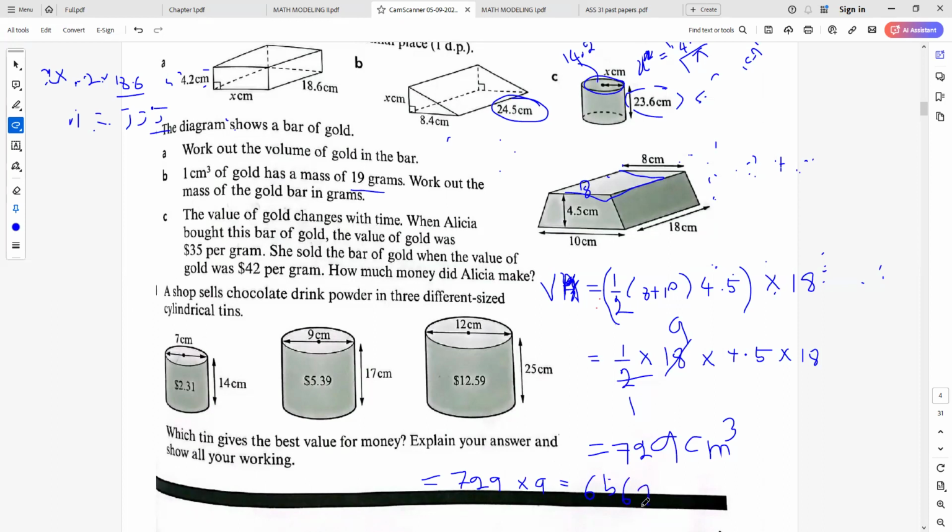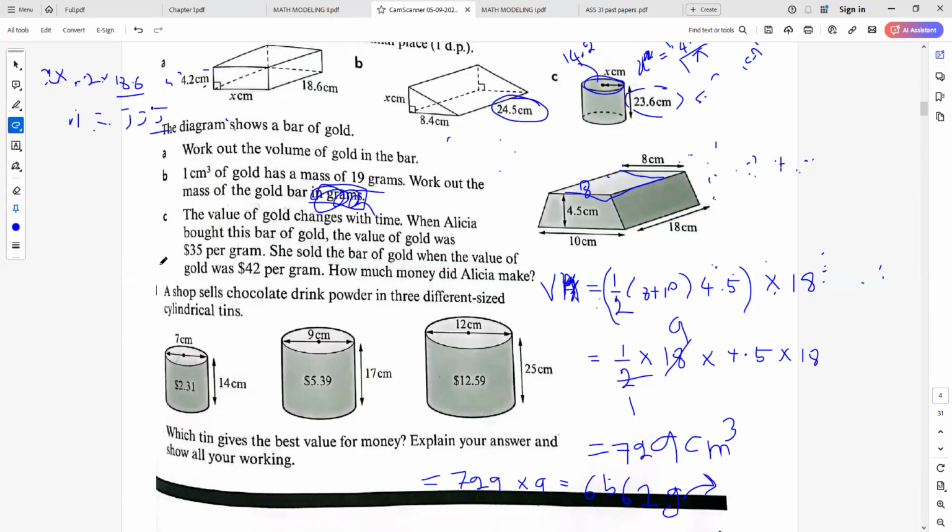Okay, now we have to read the question very carefully. They have asked for the mass of the bar in grams, so we don't need to convert it to kilogram. If they ask in kilogram, then we have to divide this by 1000. Now the value of gold changes with time.